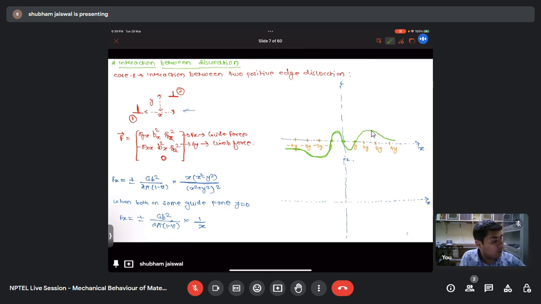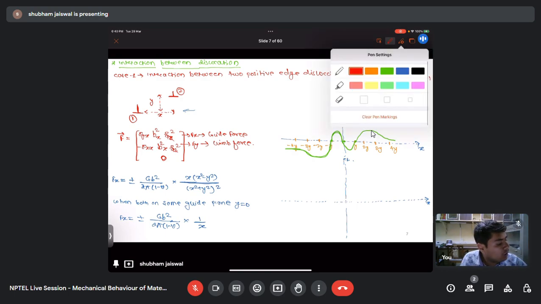It will vary something like this. Here we can see that if both are of the same sign, like if two dislocations are on top of each other and one tries to move this side, this force will try to push it back to its original position.